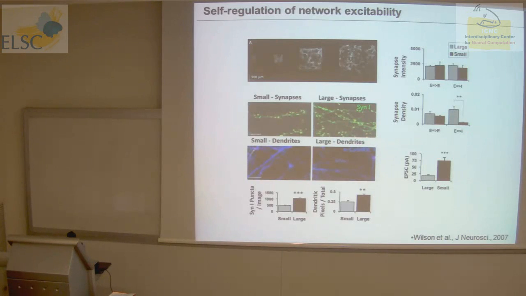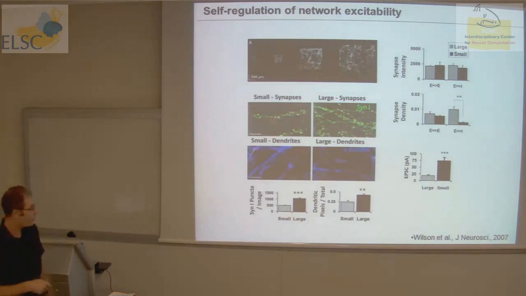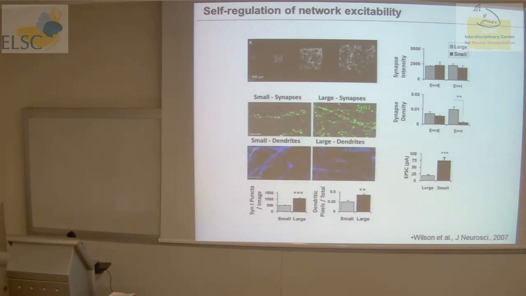However, if you examine the synapses of excitatory neurons onto inhibitory neurons, then you have much less synapses in the small network. And if you look at the excitatory postsynaptic currents, then they are larger in smaller networks. So these two contributions compensate over the increased excitability due to the size.